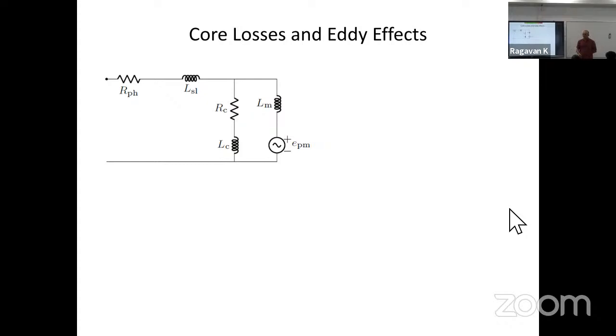The eddy effect losses increase with frequency, so that somehow has to get reflected in the terminals. So is that aspect in the circuit? In the circuit, does the measured terminal induced voltage, its rate of change, get affected by omega_E? How do you say that?